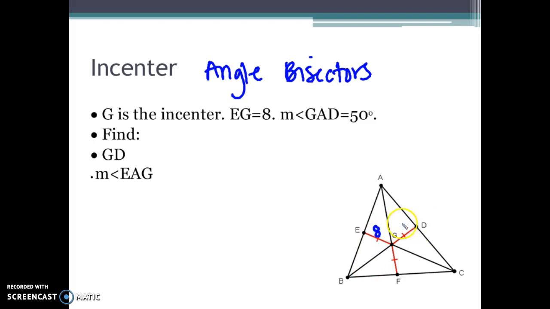The measure of angle GAD, this angle in here, is 50. I want to find GD. So if EG is 8, that means GF and GD must also be 8 because they're all the same distance. And then I want to find the measure of EAG. Well, an angle bisector cuts the angle in half, so both of these are the same. So EAG must also be 50 degrees.